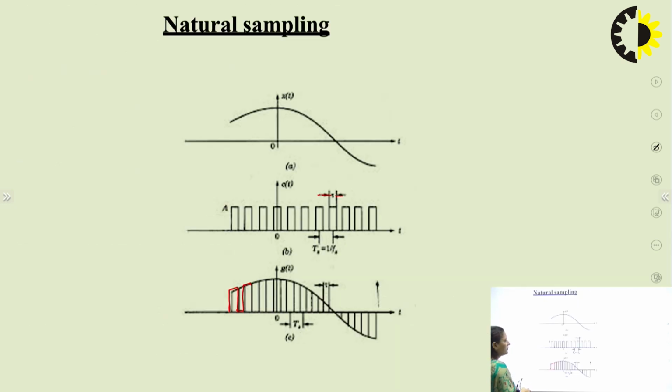In this way we will draw our signal. If we see, the shape of your signal is the same as the shape of your message signal. The tops of the pulses follow the shape of your input signal, so we can say the tops of the pulses are continuous in nature.